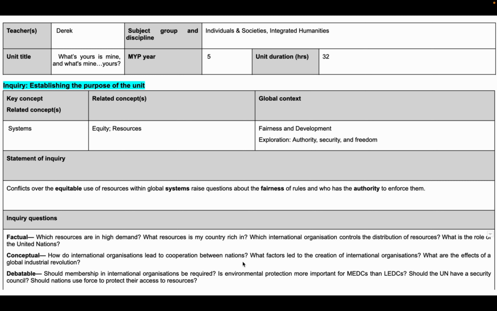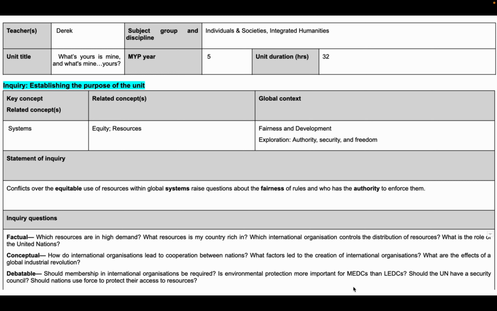We might look at an article on the formation of the United Nations. And then, should membership in international organizations be required? We might look at some examples of nations that would like to be part of the UN but aren't, that have alternative statuses, such as Palestine or Western Sahara, for example.